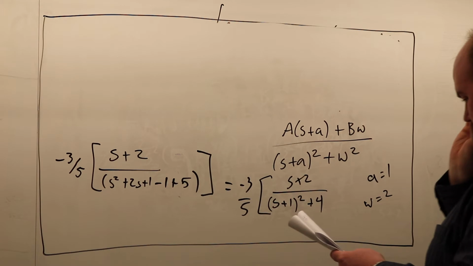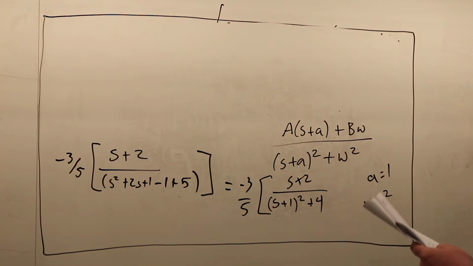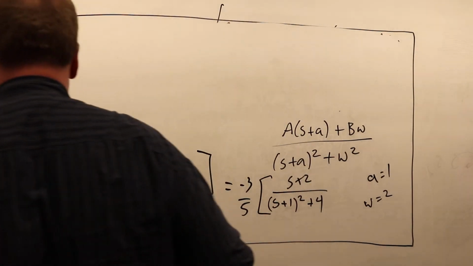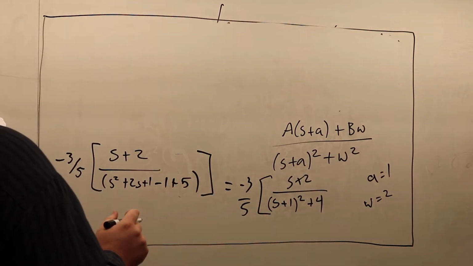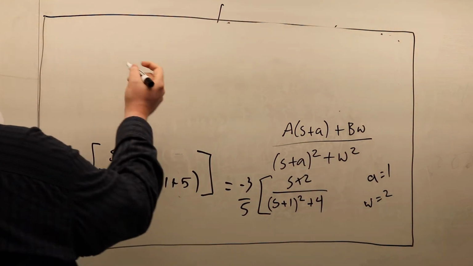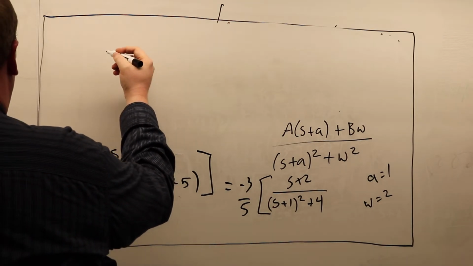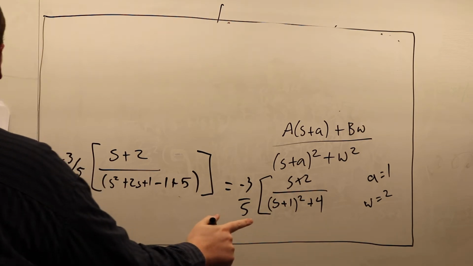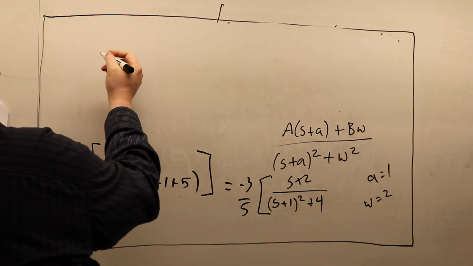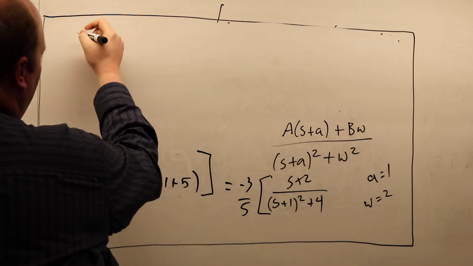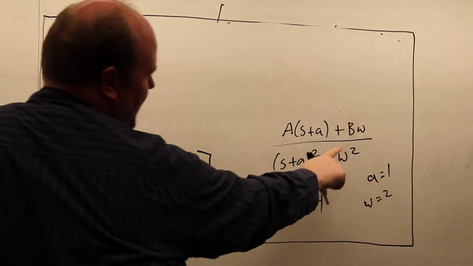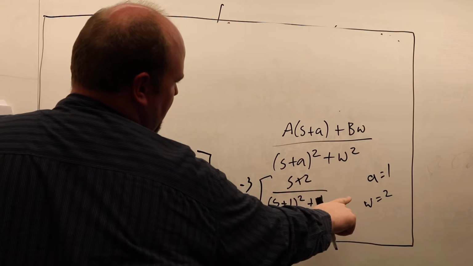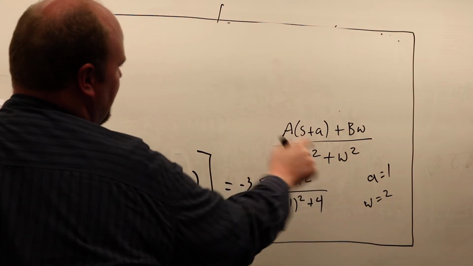Go back a little bit, and now we got to rewrite the numerator. So we had an s plus 2 in the numerator. We are going to have to now write that as, so we know we have to have this, so omega is 2.